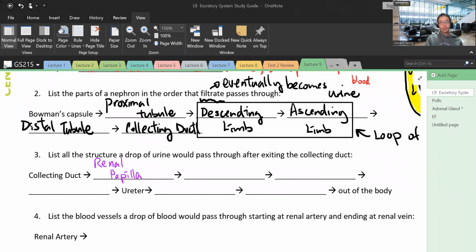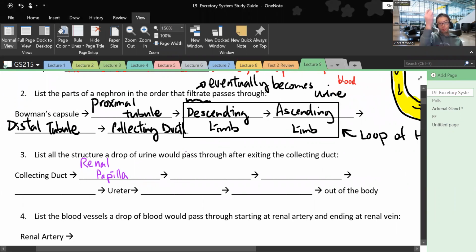The renal papilla will drip the urine, the filtrate, into the minor calyx. Sometimes you will see people write calyxes, that's the plural. This is singular. From minor, it goes to the major calyx.